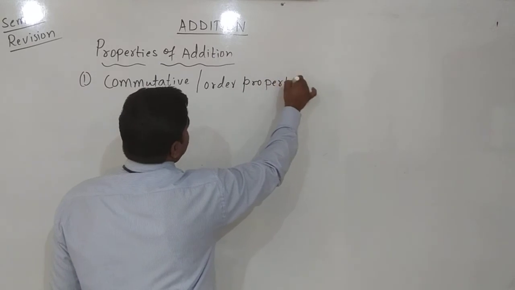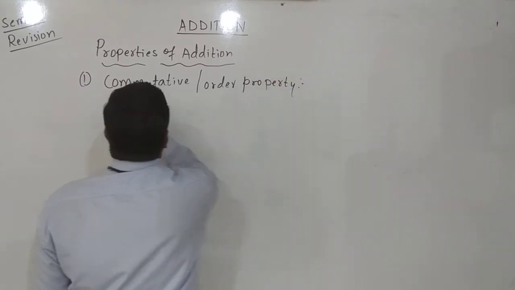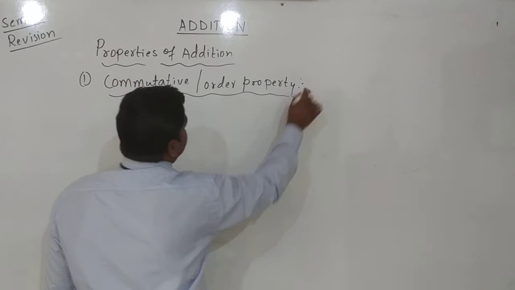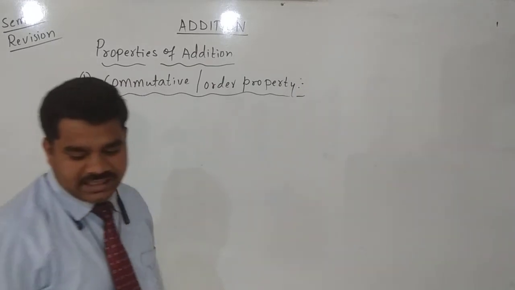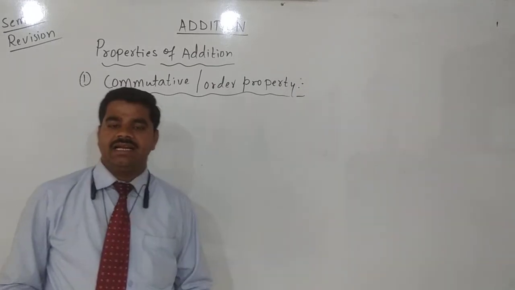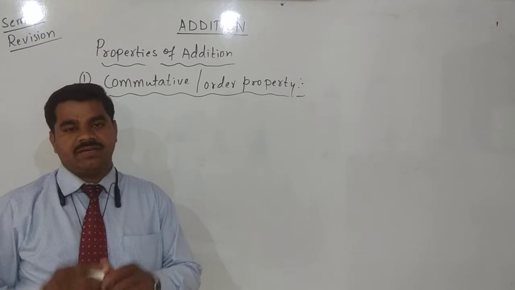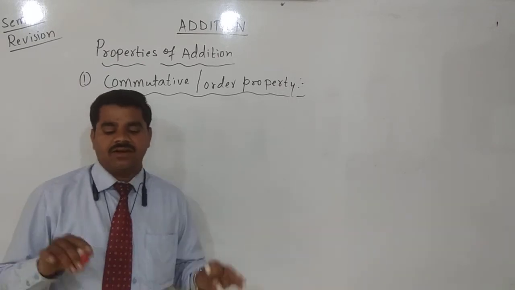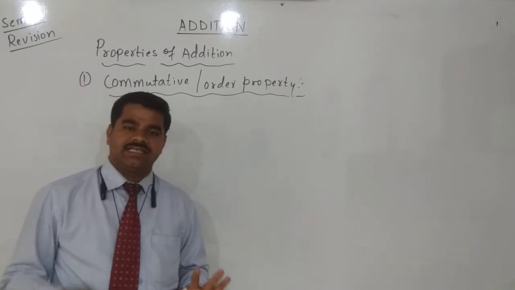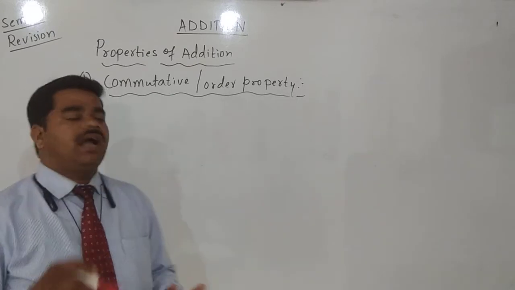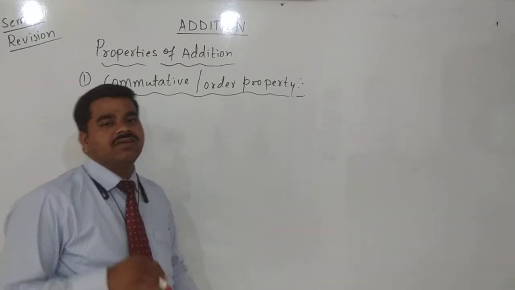If we change the order of the addends, the sum does not change. Or one more way we can say, when two numbers are added, the sum is the same regardless of the order of the addends. Yes, it is the order property.